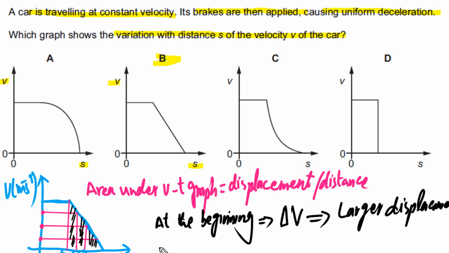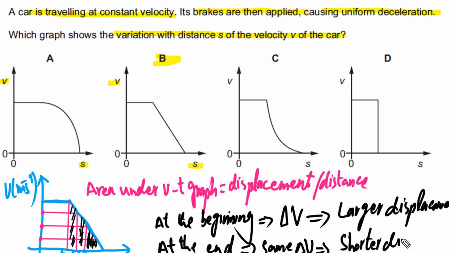So larger displacement is at the beginning, and at the end, for the same delta V, there is shorter displacement, meaning the distance covered is shorter. So this is the main concept we need to understand: for the same change in velocity, at the beginning displacement is larger, and at the end displacement is shorter. So now we can go and find our answer.